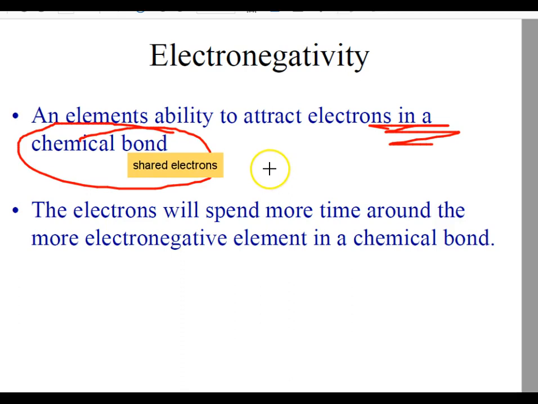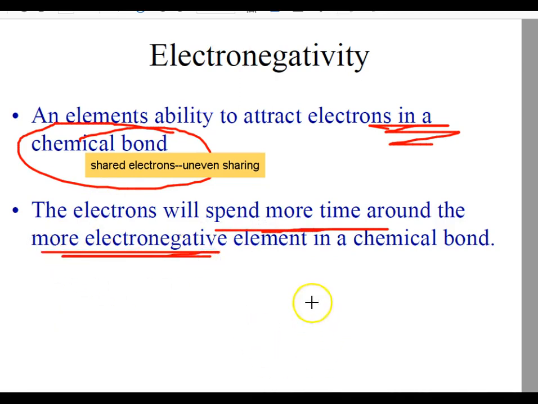Where are those electrons spending most of the time? If they're spending most of the time around one element versus the other one, they're not really being shared evenly. Then that element that they're spending the more time around is the more electronegative. Okay, so that is written there below. The electrons spend more time around the more electronegative element in that bond.